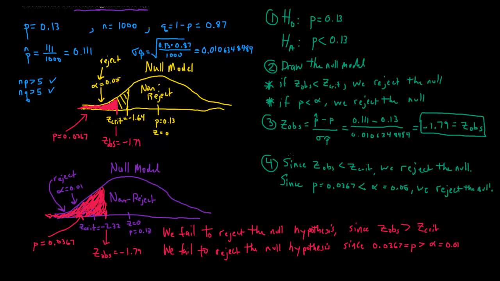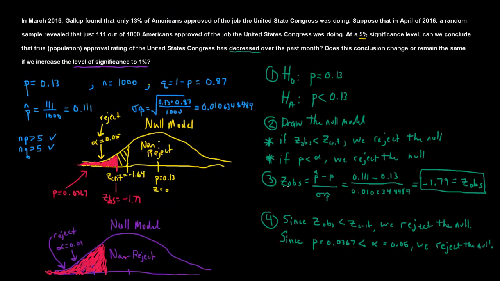Okay. All right, so let's just review. Let's go back up here to the top. We were talking about a sample proportion, using sample data to figure out if the population proportion had changed, specifically had it gone down. What we found is if we had a 5% significance level, we would reject the null hypothesis and conclude that the true population approval rating of Congress had actually decreased over the past month.